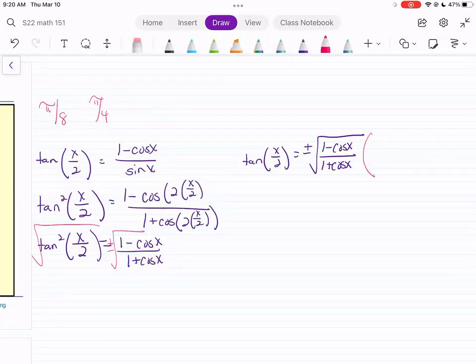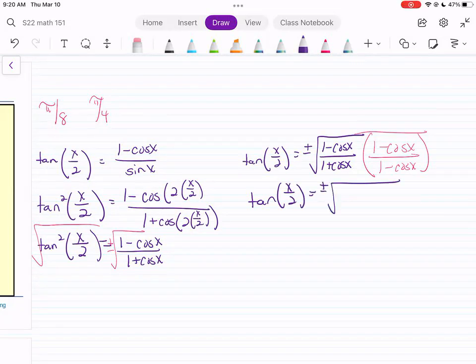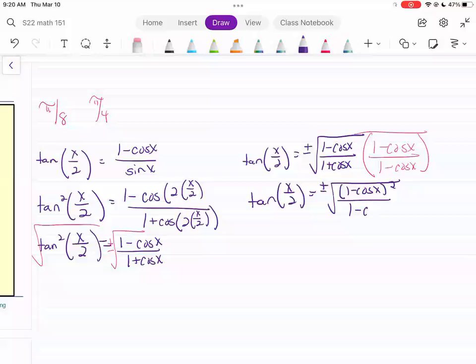So we multiply by 1 minus the cosine of x over 1 minus the cosine of x. And so we get the tangent of x over 2 equal to plus or minus the square root of 1 minus the cosine of x, squared, over 1 minus cosine squared of x.